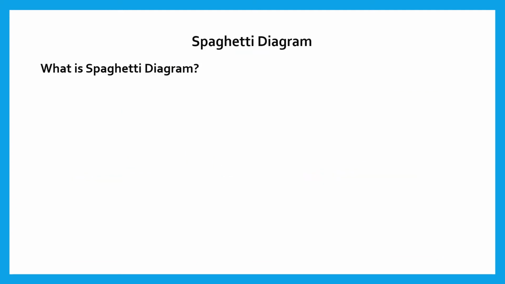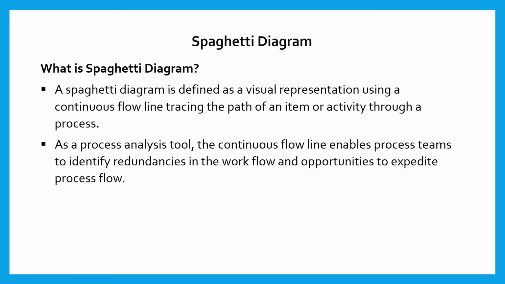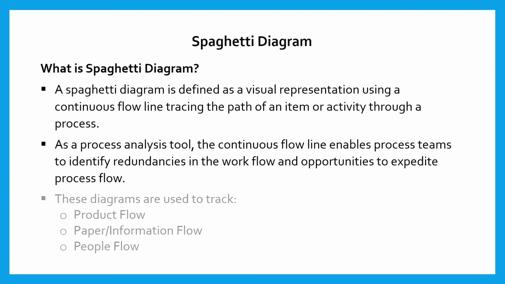What is a spaghetti diagram? A spaghetti diagram is defined as a visual representation using a continuous flow line tracing the path of an item or activity through a process. As a process analysis tool, the continuous flow line enables process teams to identify redundancies in the workflow and opportunities to expedite process flow.